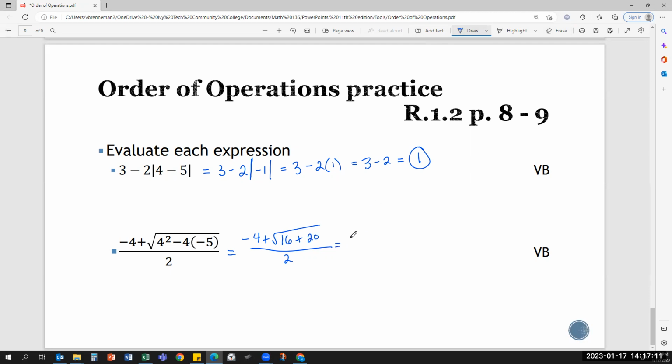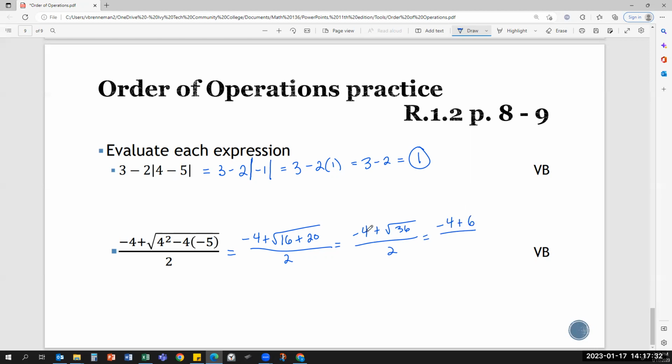So then I do that addition within the square root, because it is still a higher level than the actual square root operation, because it's grouped by being inside that operation. 16 plus 20 is 36. Now I can do the square root. Square root of 36 is 6.